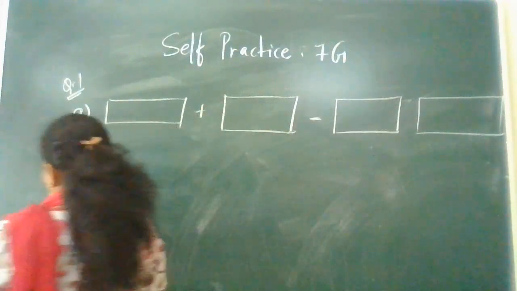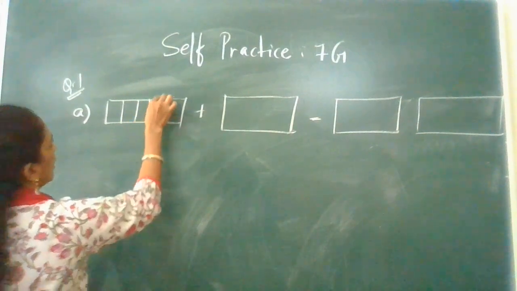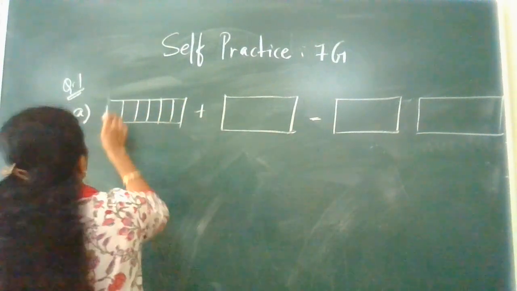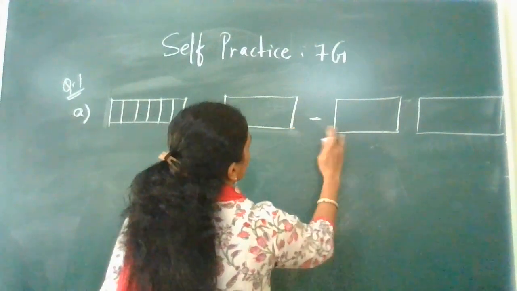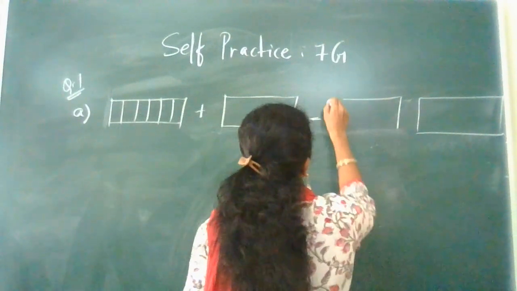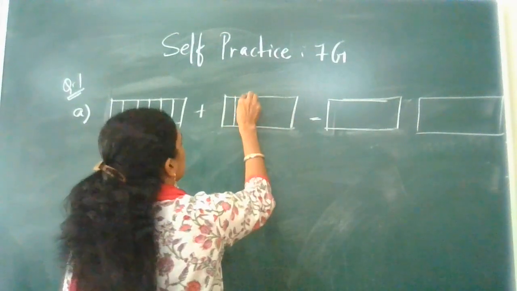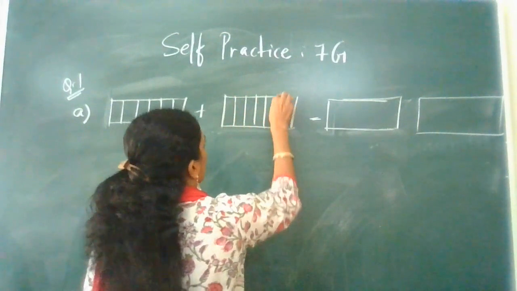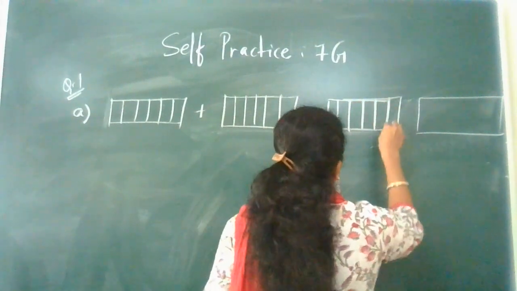Now this box is divided into 6 equal parts. 1, 2, 3, 4, 5, 6. So here also it is divided into 6 equal parts. That is 1, 2, 3, 4, 5, 6.